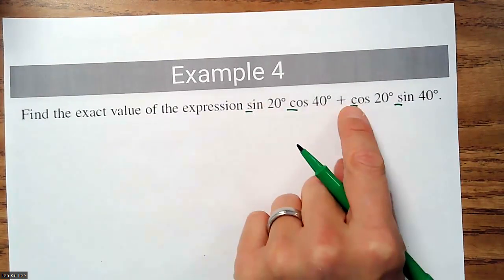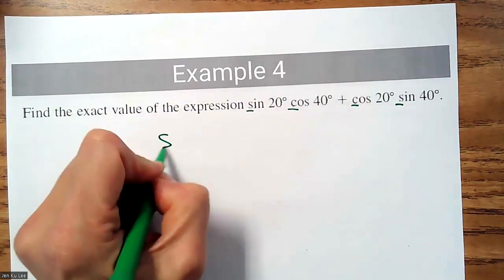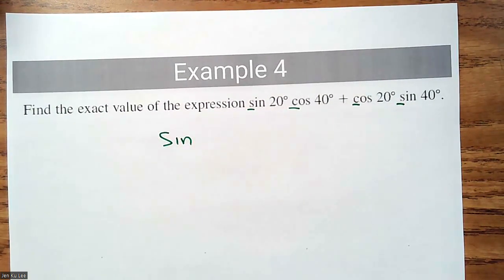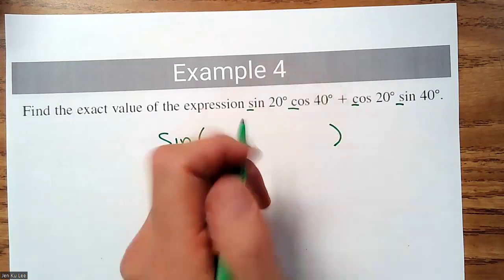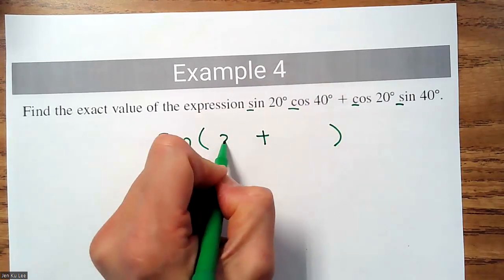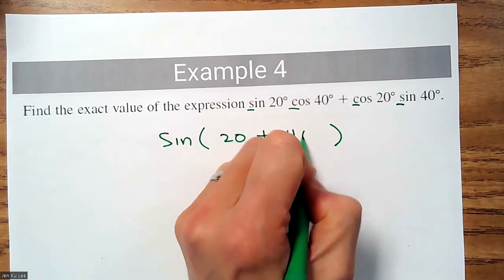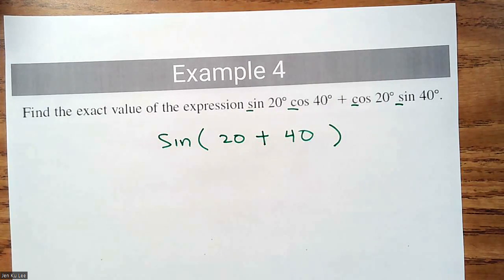Sine can't change signs. This must be a sine formula, right? So if that's a plus, this is also a plus. And the two angles that I'm dealing with are 20 and 40. Does that make sense?